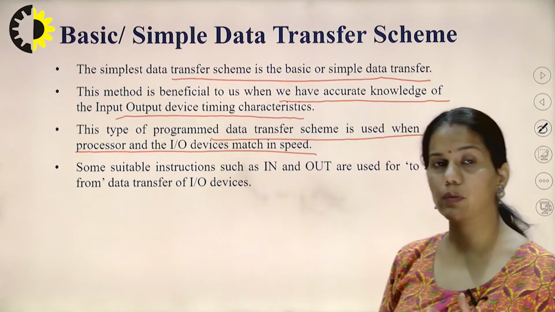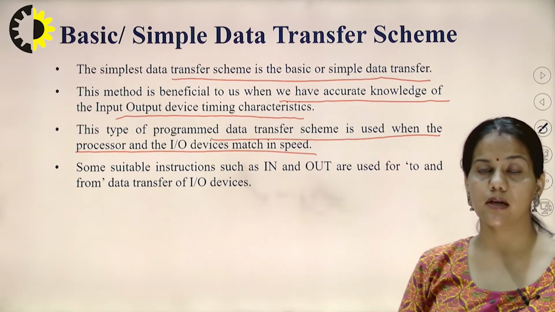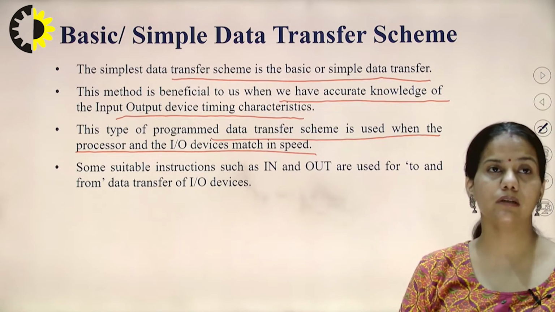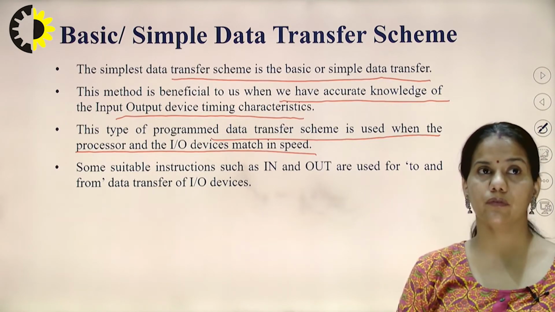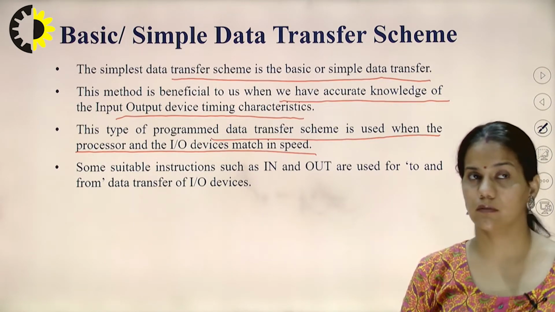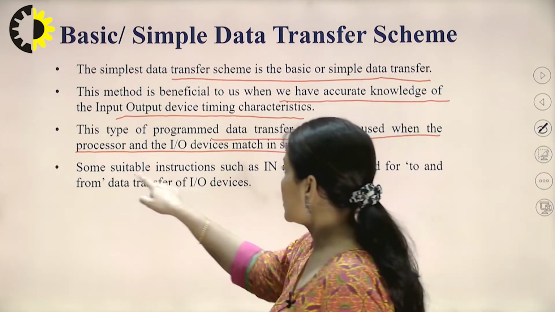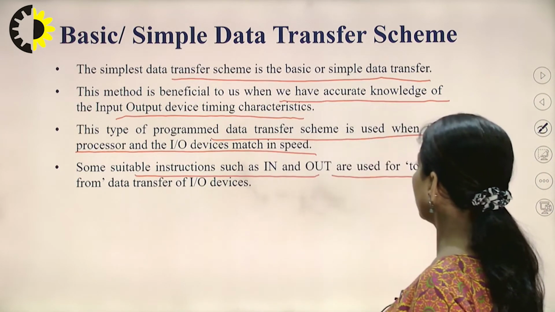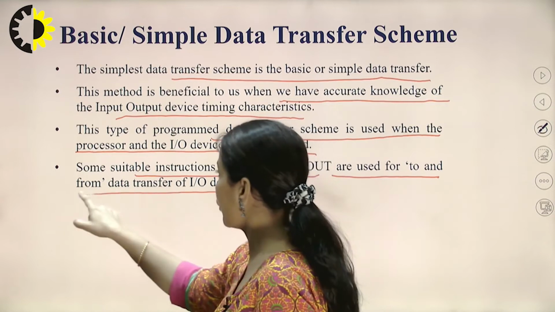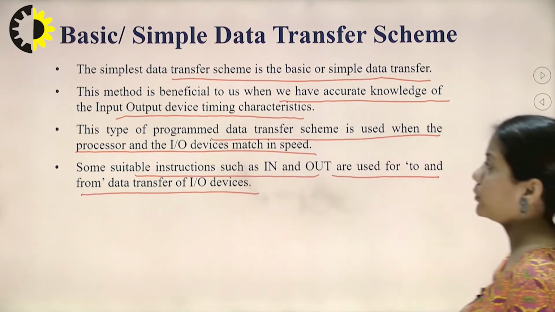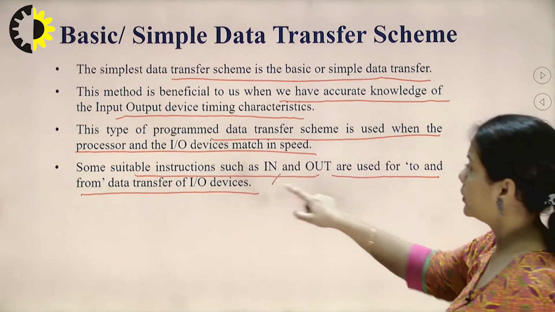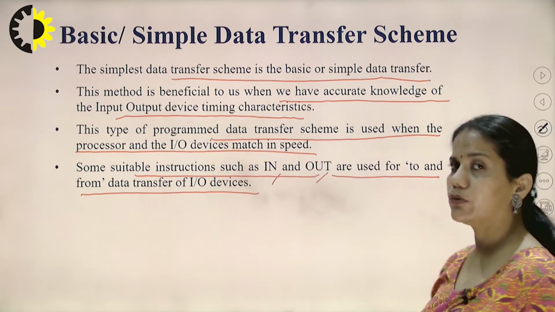So we are using the processor and peripheral devices which have mostly the same speed, working synchronously with each other. Suitable instructions such as IN and OUT are used for the data transfer to and from input-output devices.